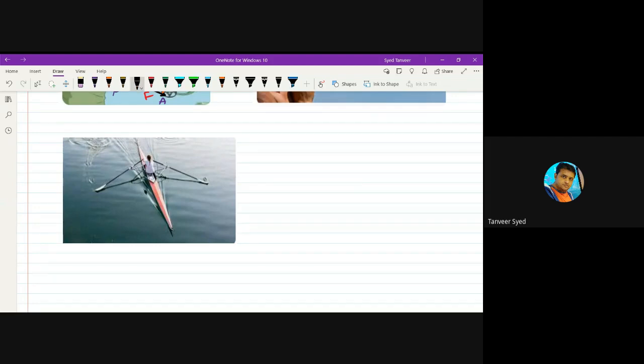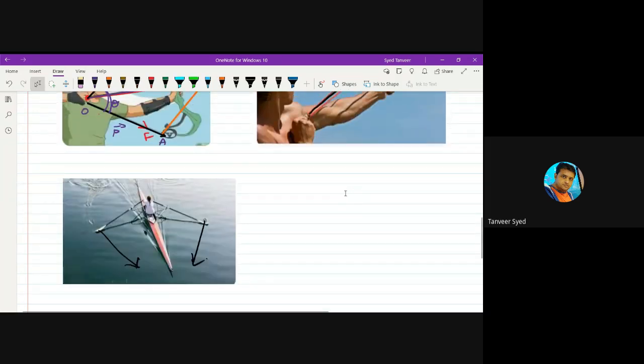To row the boat, you pull these paddles so that this paddle goes like this and this paddle goes like this. As a result, you are pushing the water with these paddles. If you push something, that thing also pushes you. Newton's third law: every action has an equal and opposite reaction.